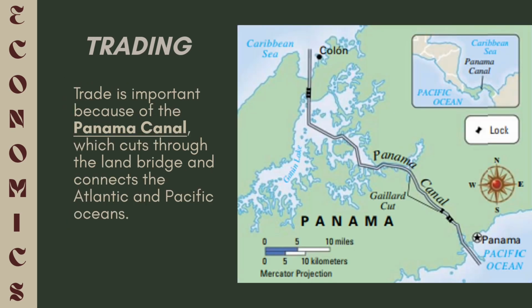Next is trading. Trade is important because of the Panama Canal, which cuts through the land bridge and connects the Atlantic and Pacific Ocean. So Panama is called the crossroads of world trade.